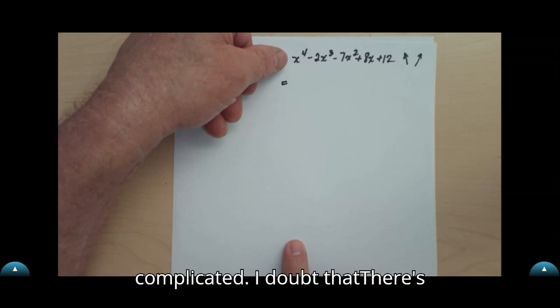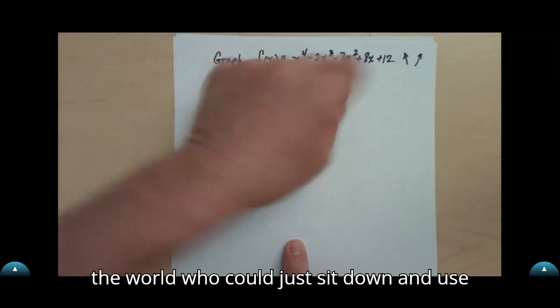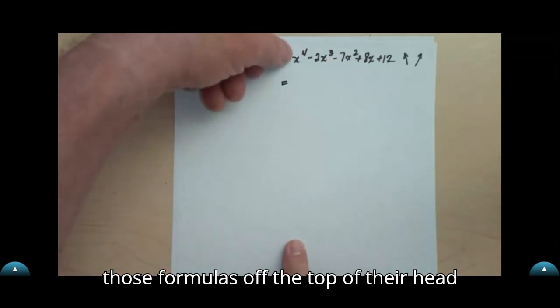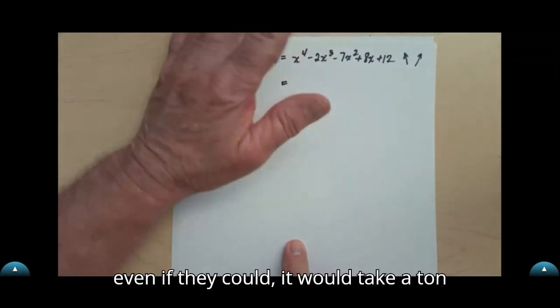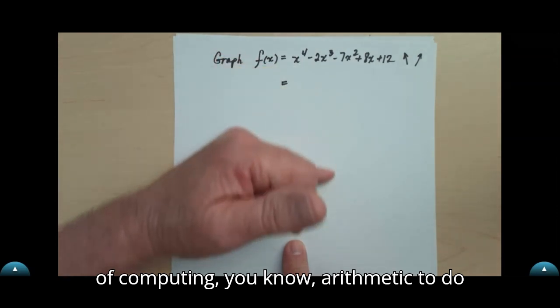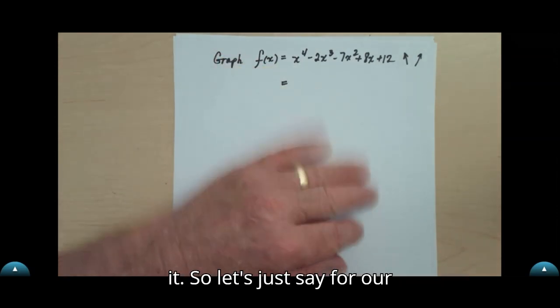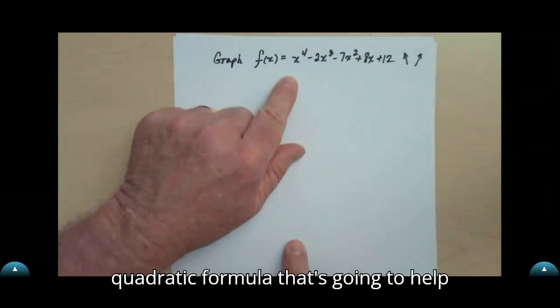They're very complicated. I doubt that there's more than a handful of mathematicians in the world who could just sit down and use those formulas off the top of their head to find solutions to this. And even if they could, it would take a ton of computing, arithmetic to do it. So let's just say, for our purposes, there is no version of the quadratic formula that's going to help us.